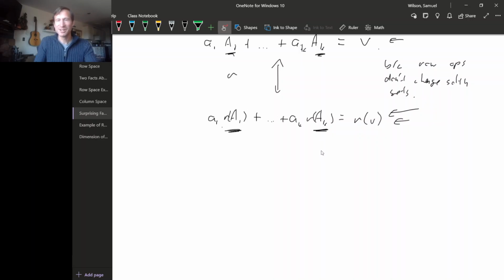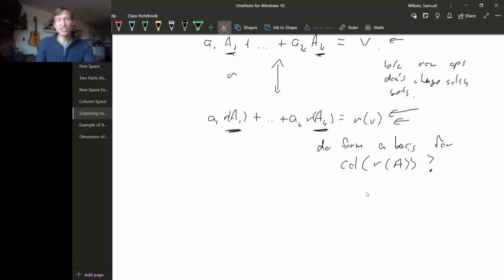You might wonder, do these form a basis for the column space of the row operation applied to our matrix? Remember, they definitely won't in general be a basis for the column space of A, because the row operation usually changes the column space. But they might form a basis for the column space of A after we've done the row operation to A.